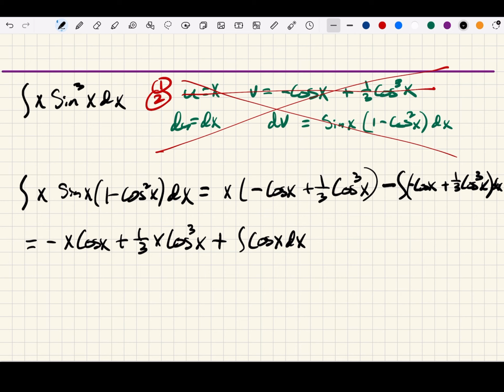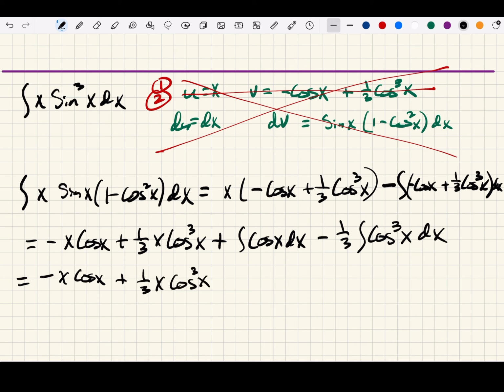The second one will be a minus 1/3 integral of cosine cube x dx. So we have minus x cosine x plus 1/3 x cosine cube x plus, that's just going to be a sine x, isn't it?